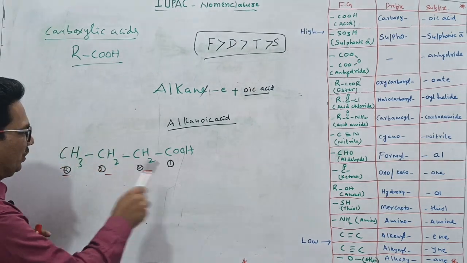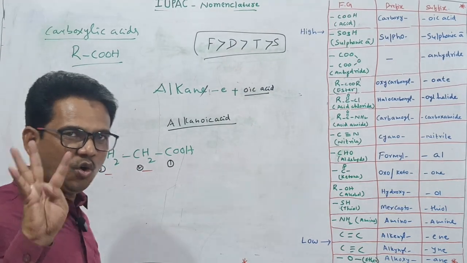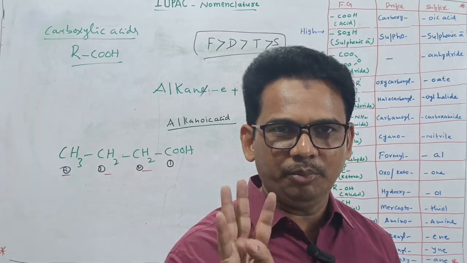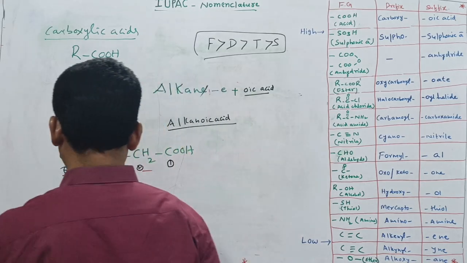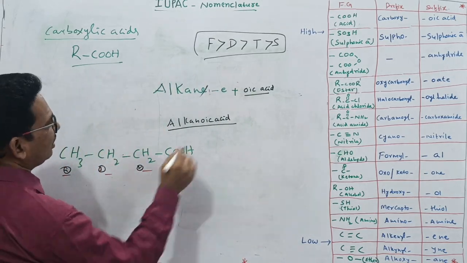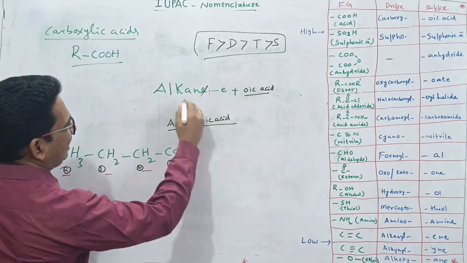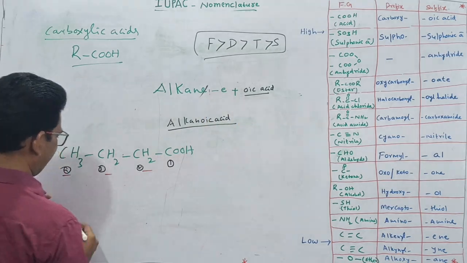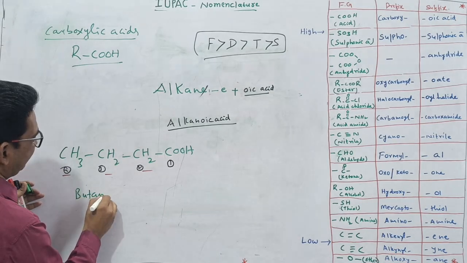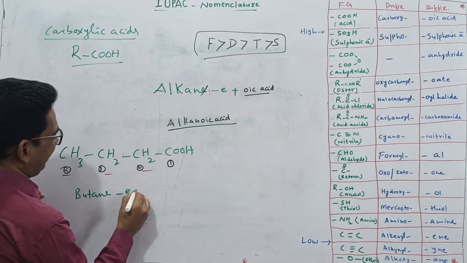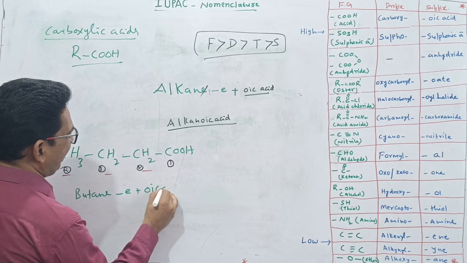Then what is the word root? How many carbons does it have? 4. 4 is called but. Then see, what I told, alkanoic acid, alkane minus E plus oic acid. Here alkane means butane, minus E plus oic acid.